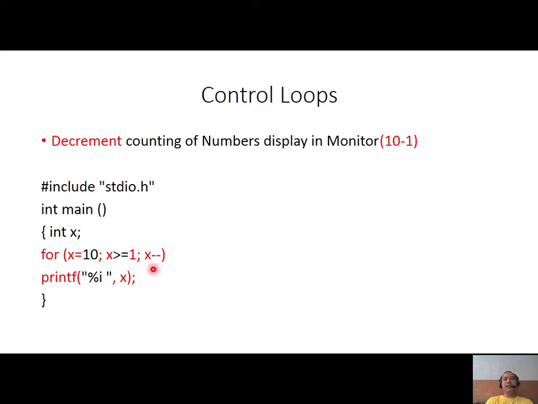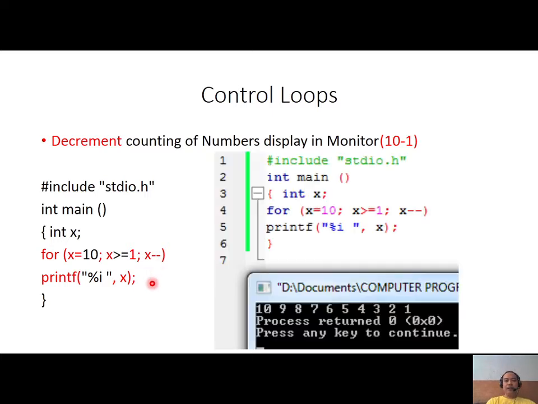Then the decrement counting, which is x minus minus, or the postfix decrement. Okay, so we're going to apply this in Code Blocks. This will be the result. So print x. Of course, you need to add a space so that the output will be properly spaced. So 10, 9, until it reaches 1.